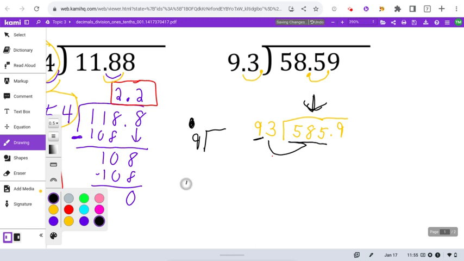I know 9 times 7 is 63, but that would most likely give me too much. I know 9 times 6 is 54, right? So if I change this to 54, that'd be 6. So that might be my answer, but remember, this part is a little tricky. It takes patience.